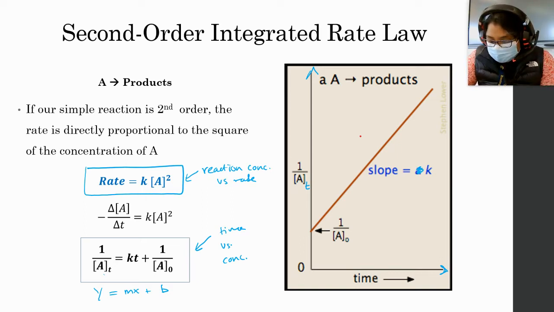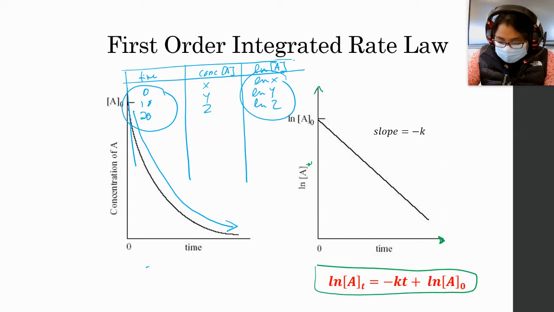Just forget this is just a stoichiometric coefficient particular to that picture or the example I got it from. You don't have to worry about that. Okay? So the slope is k. This is the only one that has a positive slope. So if you plot the data, let's add another column to your table now.